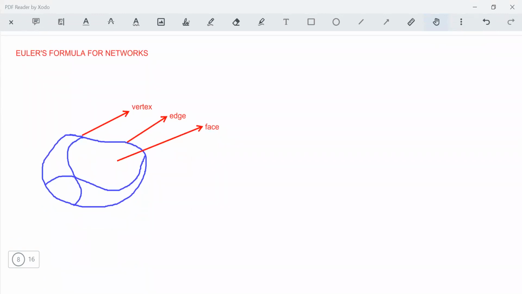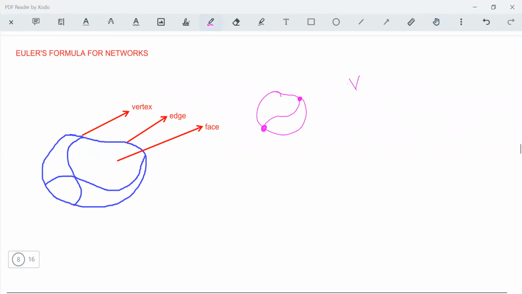Now, here's a very interesting sideshow from the Euler's formula for networks. Now let us draw a shape, any shape, say like that. And we draw one line inside it. It doesn't have to be a straight line, it could be curved. Where the curve meets the other shape, let's call it a vertex. So there are 2 vertices in this problem.